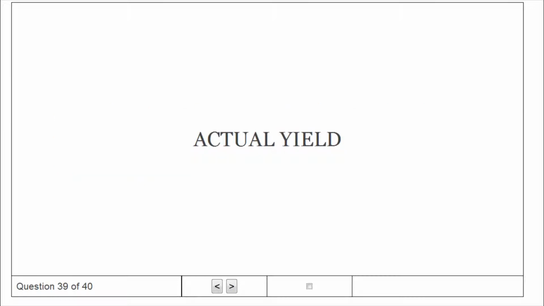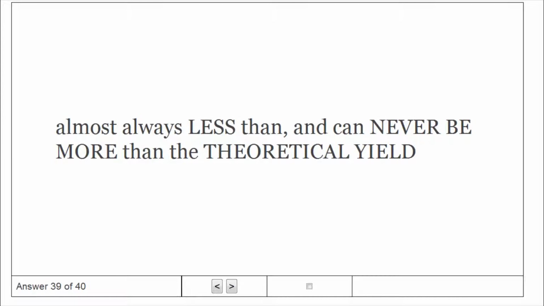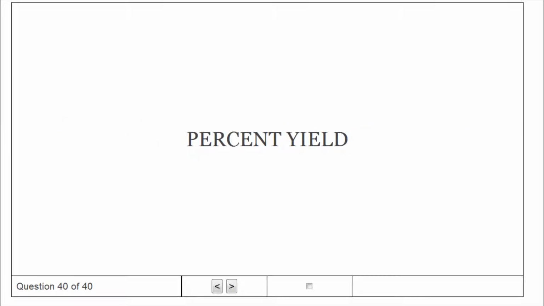Actual yield: almost always less than, and can never be more than, the theoretical yield. Percent yield relates the actual yield to the theoretical yield: actual yield divided by theoretical yield, times 100.